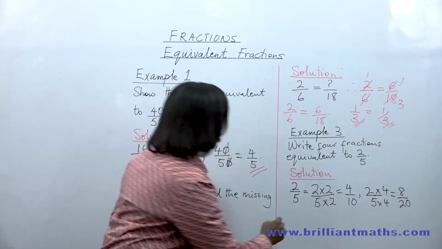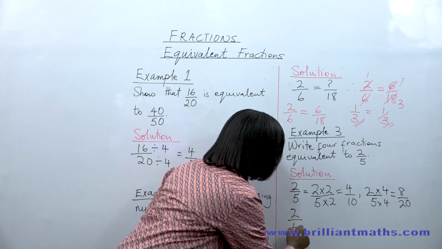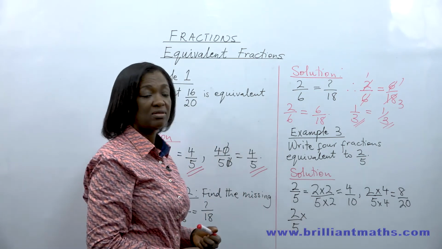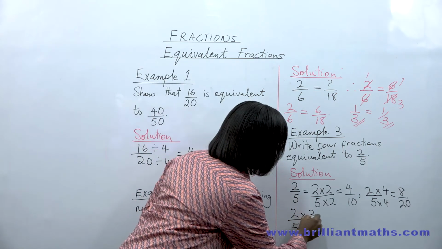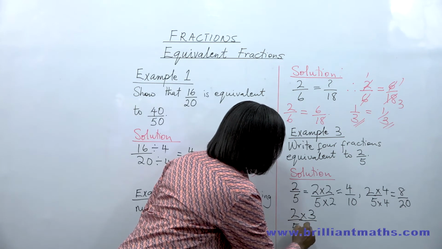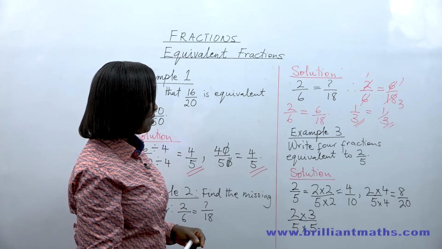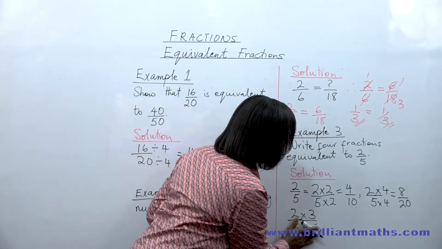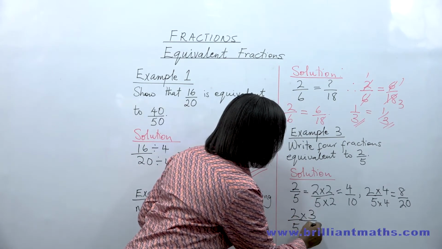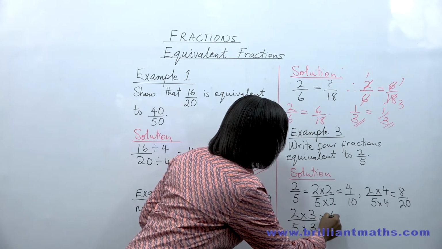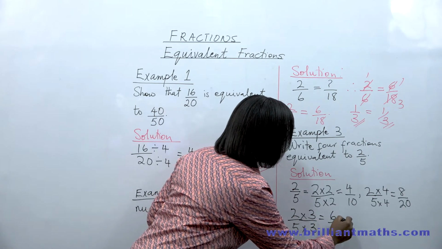We can also do 2 over 5, 2 times 3, multiplying numerator and denominator by 3. So that will give us 6 over 15.